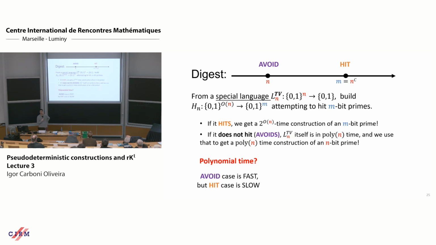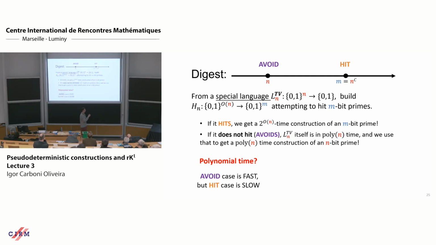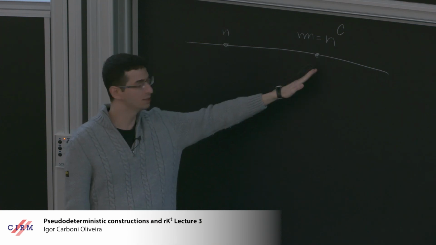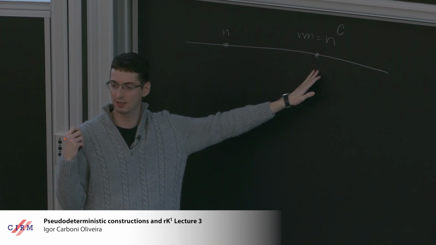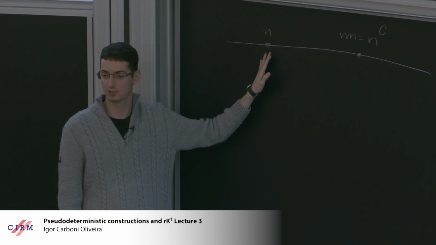Okay, so how can we move now from sub-exponential to polynomial, which is our goal? So if I understand the algorithm, on every length runs both. Let's say you partition the integers into blocks, and inside each block, you consider these two input lengths inside the block. And you know that in one of them you're going to succeed. You don't know which one. So when you are at this input length, you try to use the hitting set. When you are in this input length, you try to use the reconstruction procedure.